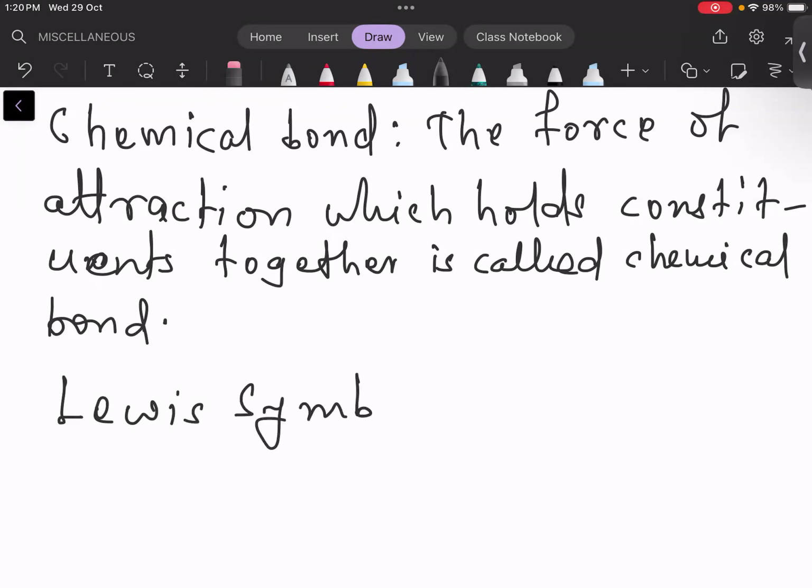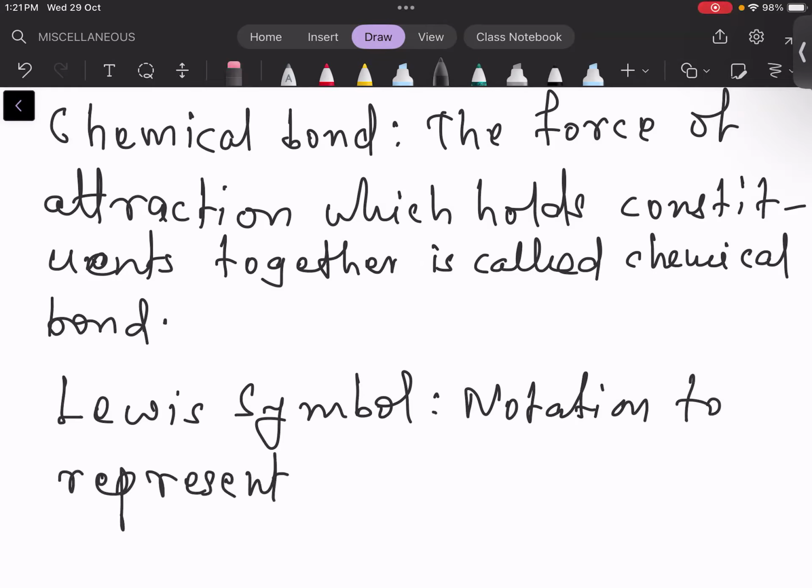Now, what is Lewis symbol? You know, Lewis symbol, basically, it is a notation to represent the valence electrons in an atom.